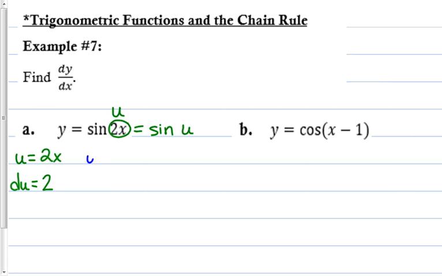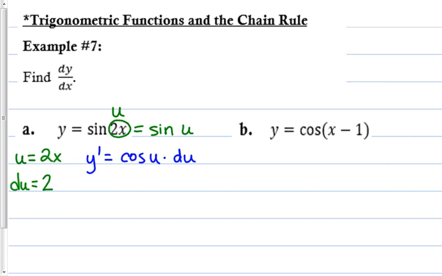Okay, so my derivative. So y prime is going to be the derivative of the outside. So I'm deriving sine of u. The derivative of sine is cosine. So cosine u times du. That's my chain rule right there. The derivative of the outside, which is sine u, times the derivative of the inside, which is just the derivative of u.